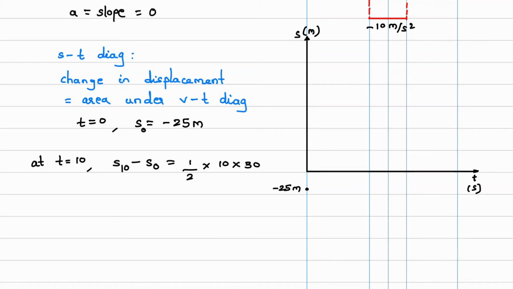So if you substitute the value of this S0, we can calculate S10. So S10 is equal to 150, and this minus and minus, it will become plus 25, it will go on right hand side, it will become minus, so minus 25. So S10 is equal to 125 meter. So we will mark, I have taken that point.